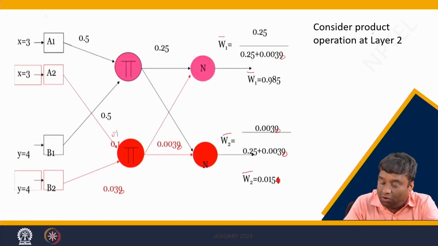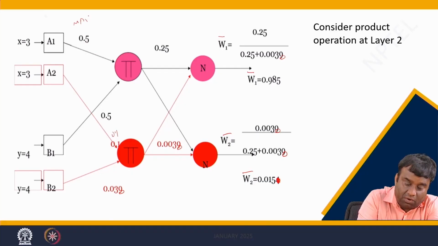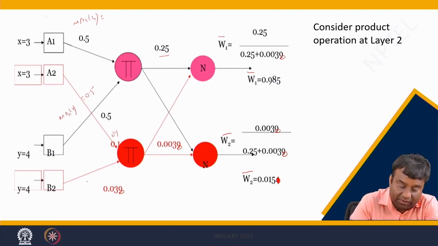Now we consider the product operation at layer 2. So mu A1(3) equal to 0.5, and mu B1(y) is also 0.5, so take the product, you will get 0.25.